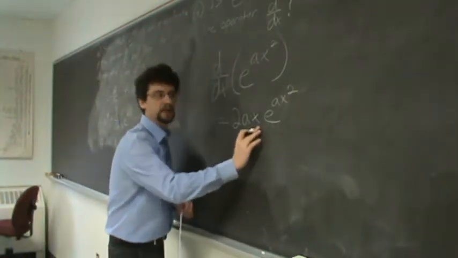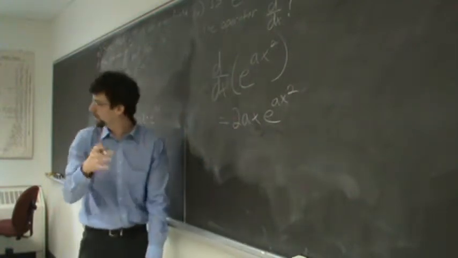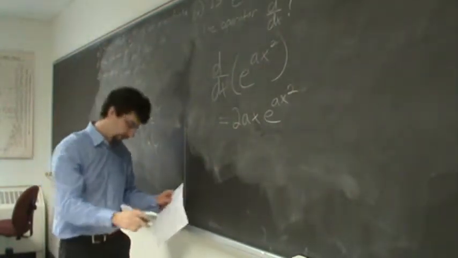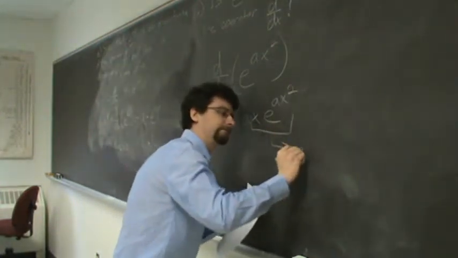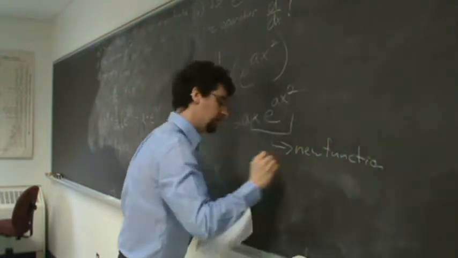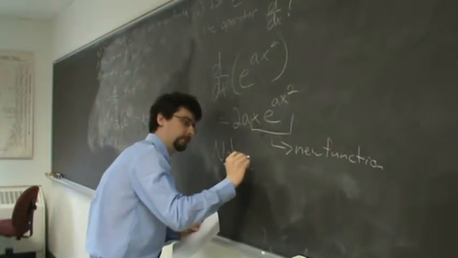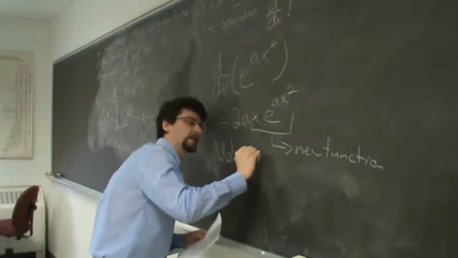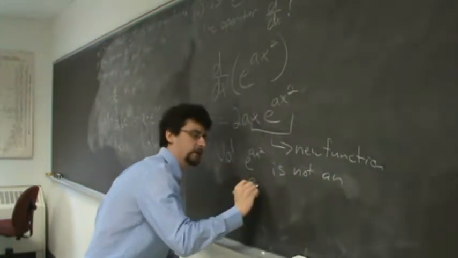So this is going to be our new function that comes out, right? There's x here, so the function has changed. So yep, that's our new function. So no! e to the ax squared is not an eigenfunction.